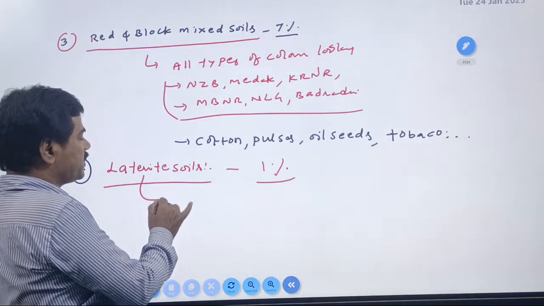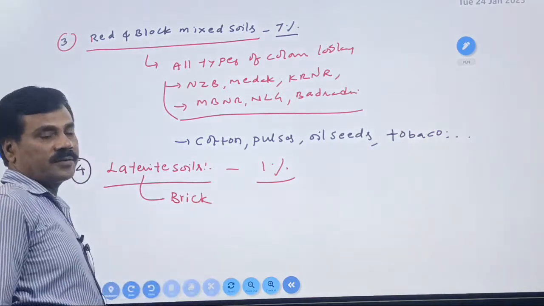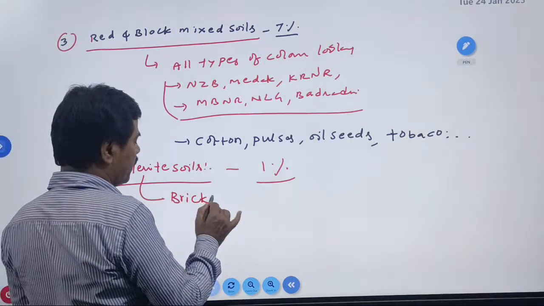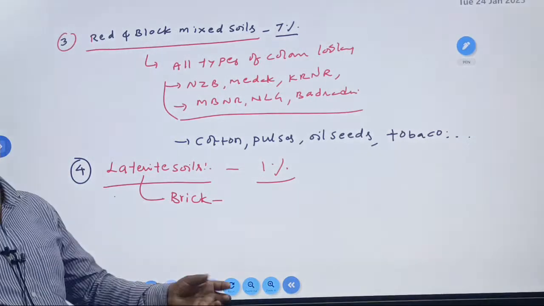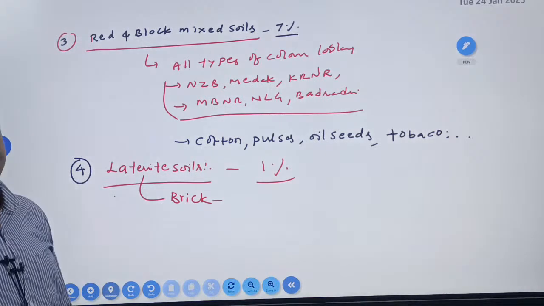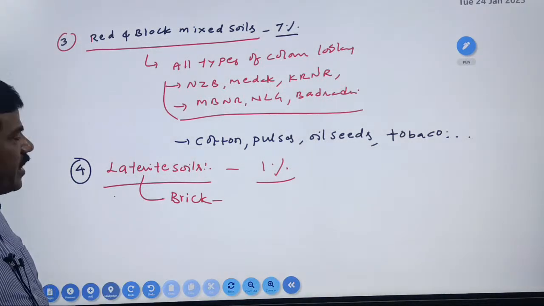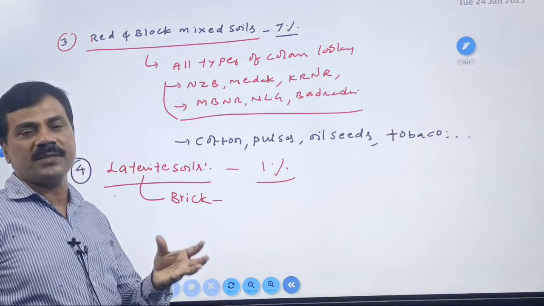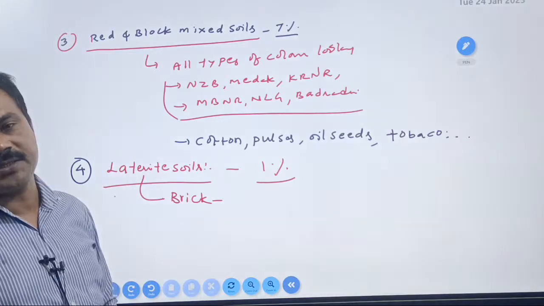Laterite means brick color. Bricks are made from this laterite soil, and those bricks are used in construction. Where this laterite soil is found, a brick industry is compulsorily established.